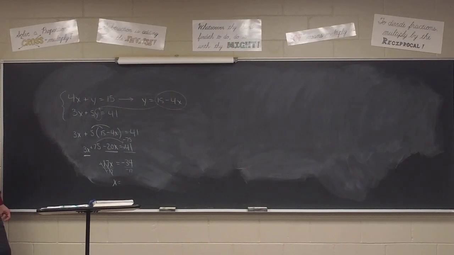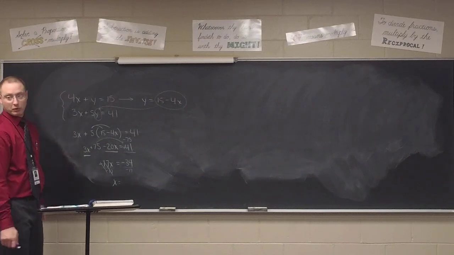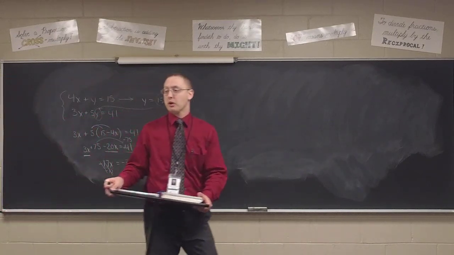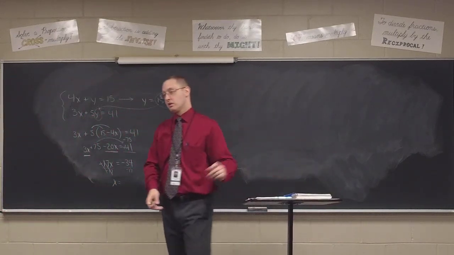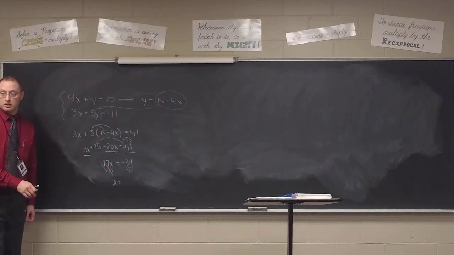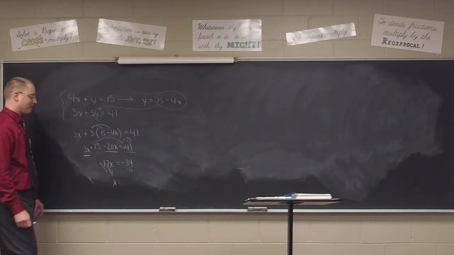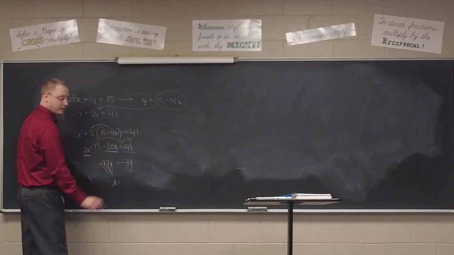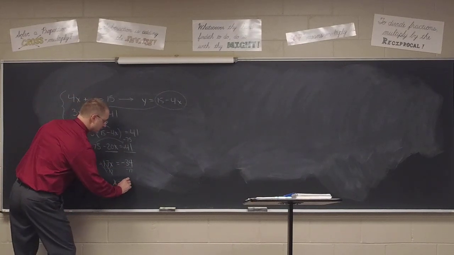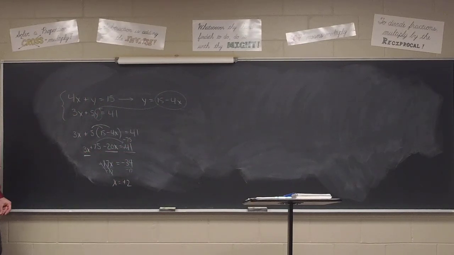Well, 17 actually divides evenly into 34. How many times do you think 17 would go into 34? At least twice. Exactly twice. Really? Yep. And a negative divided by a negative gives you a positive 2. All right. Then what?